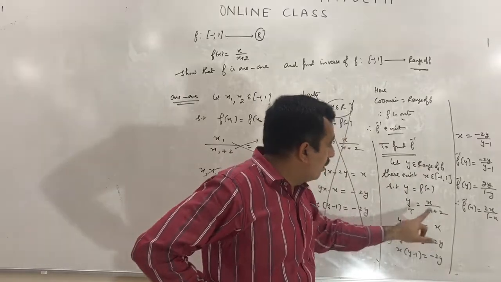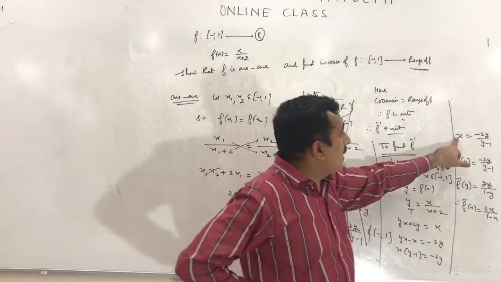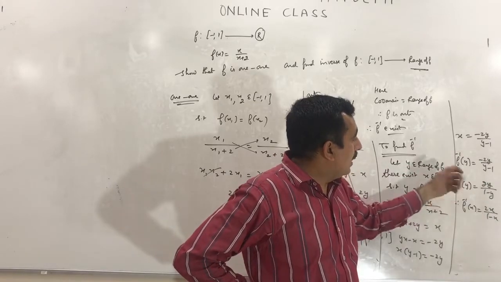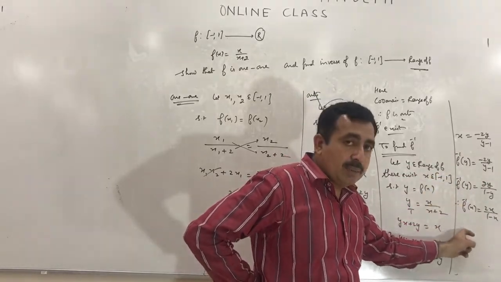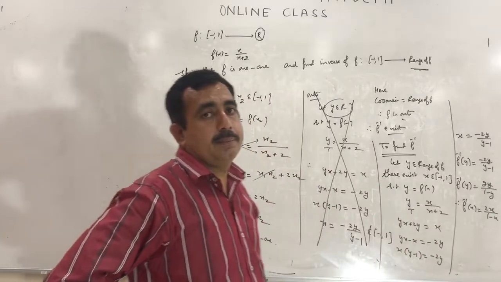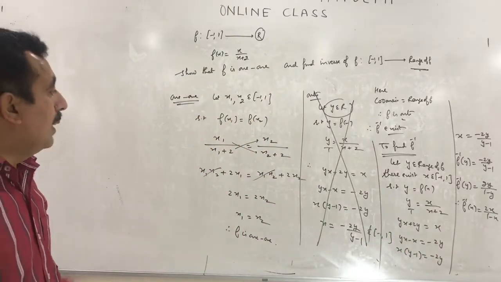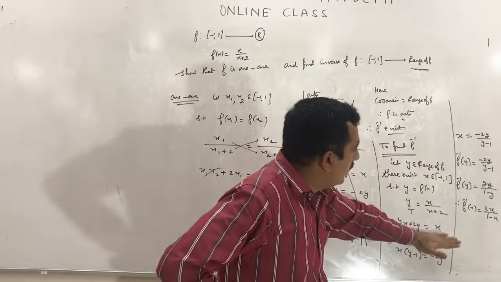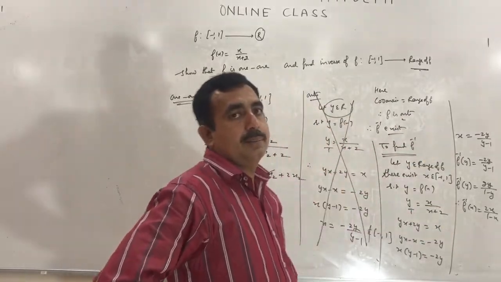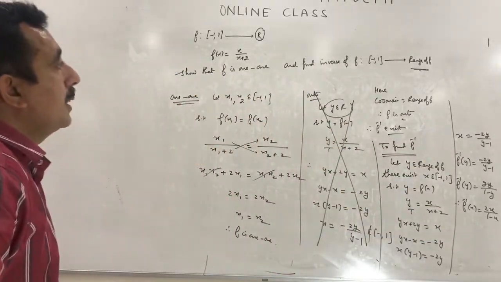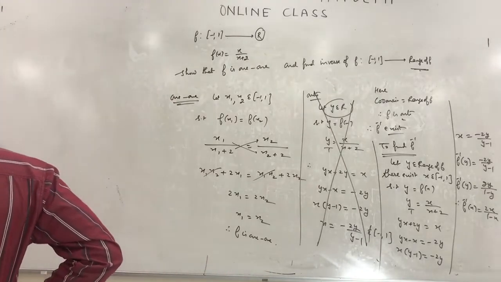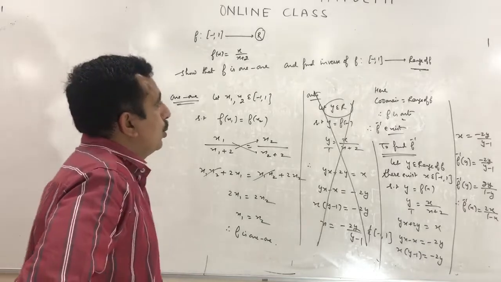Write the value of x, find the x, and this x is called f inverse y. Take minus common, minus cancel, and f inverse y we can write as f inverse x. When the function is one-one and onto, then the inverse exists, and then start the steps and find the inverse. See this? Let us do one question more.